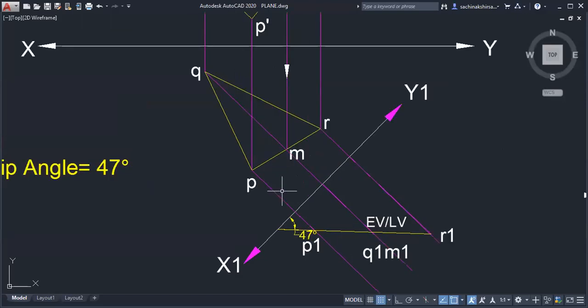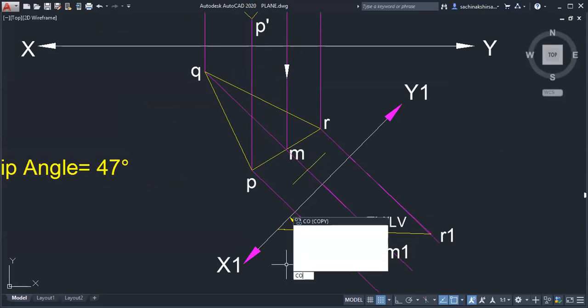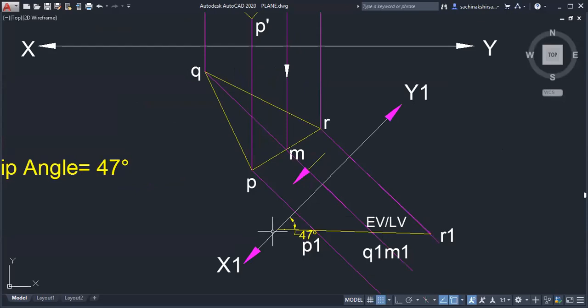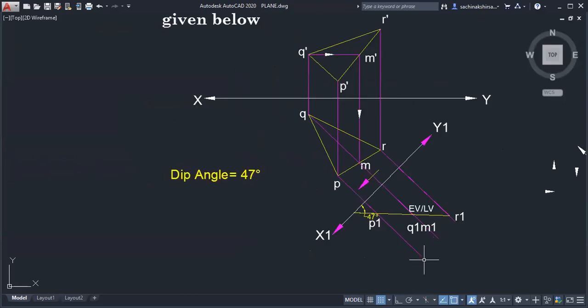While showing that direction, the arrow is shown towards the end which is near to the reference line. This particular arrow is called the dip direction.